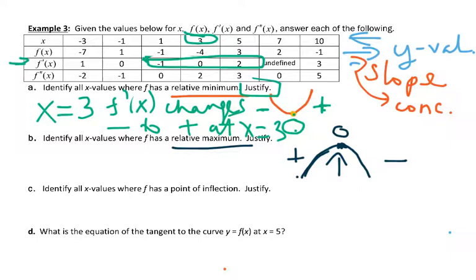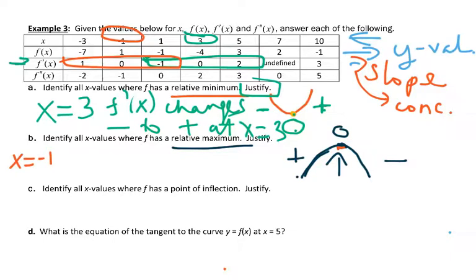So positive to negative. I'm looking at the slope going from positive 1 to negative 1. The one I'm paying attention to is when the slope is 0, because this is the point that I want. When the slope is 0, x is negative 1. So I can put down x is negative 1.